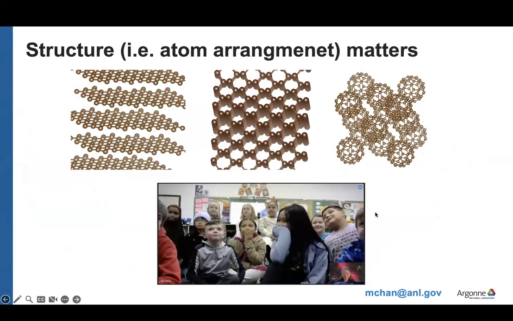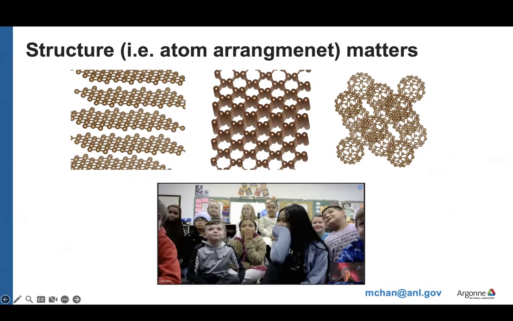I always enjoy hearing Murat's talk about designing materials, figuring out what was stable and how to synthesize them. So I don't think we need to emphasize the point that atomic structure, how atoms are arranged, matters. I really enjoy taking physical models of graphite, fullerene, and diamond to schools.